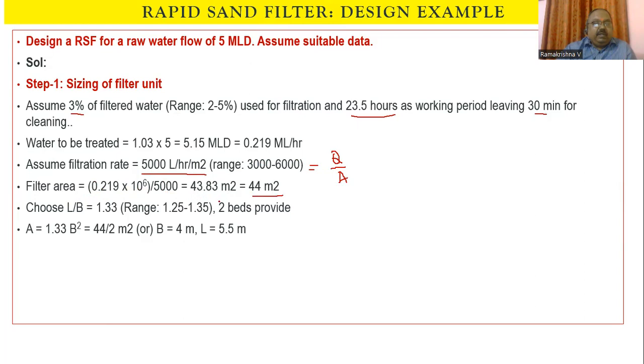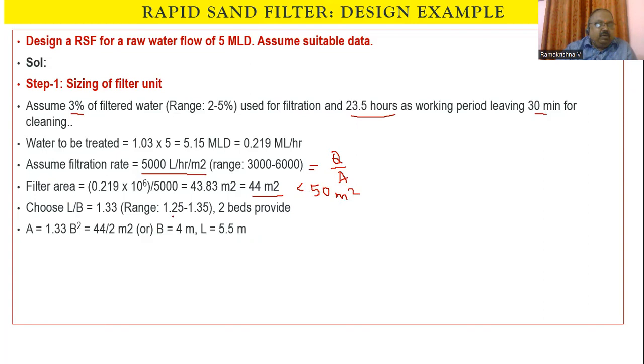44 meters square. This is less than 50 meters square of the filter bed. The maximum area for comfortable operation of the rapid sand filter is 50 meters square, so it is less than that, and it's all right.